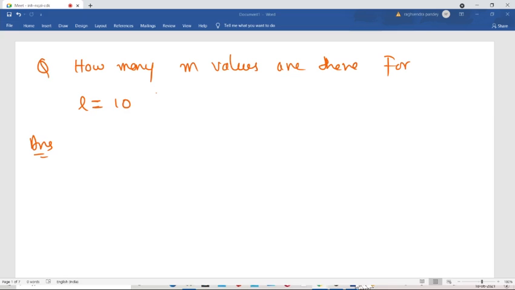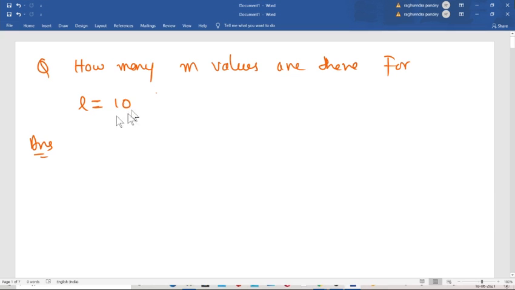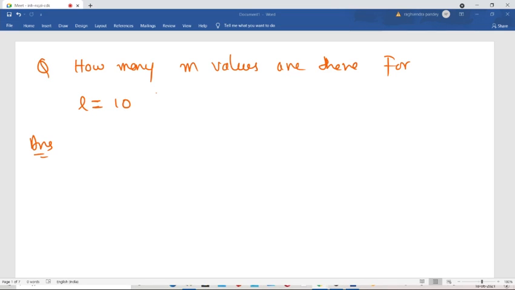How many m values are there? Diti. Diti. Pushraval, type in the chat box.